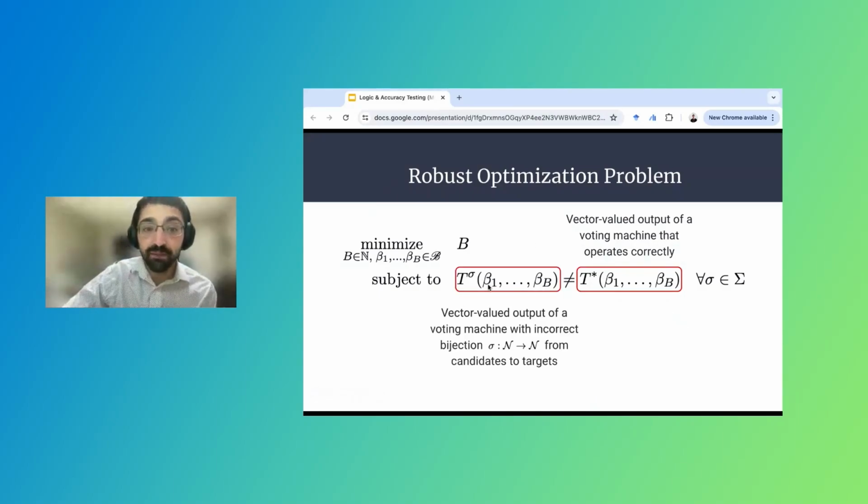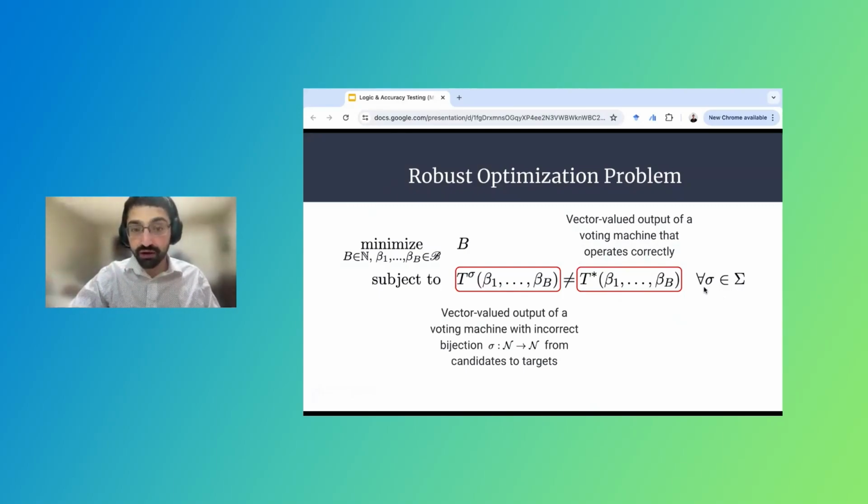And T sigma of beta 1 through beta B denotes the vector valued output of a voting machine with an incorrect bijection from candidates to targets. So in other words, and please raise your hand if any of this is unclear, just to zoom out, this optimization problem has a constraint for every incorrect bijection from candidates to targets.